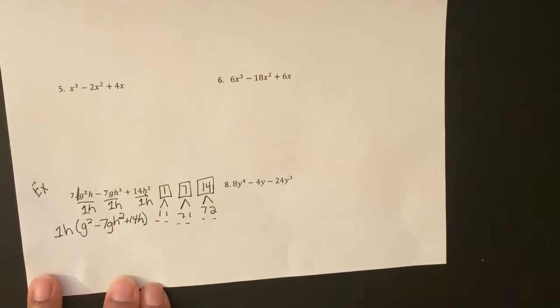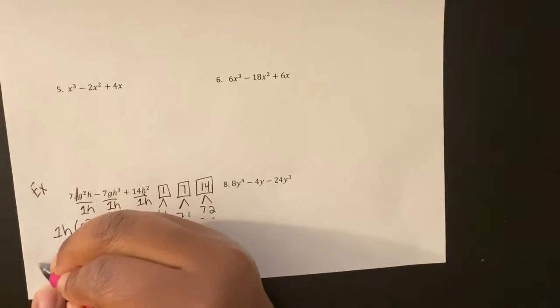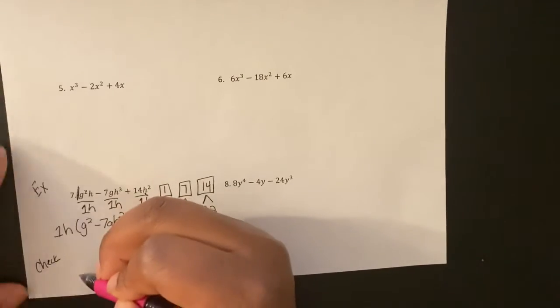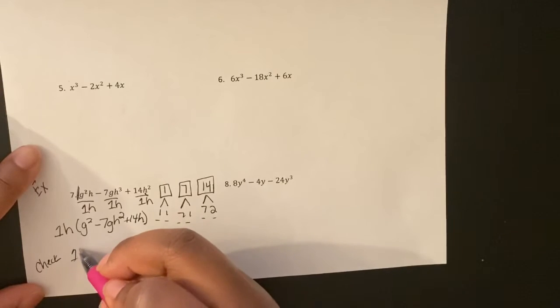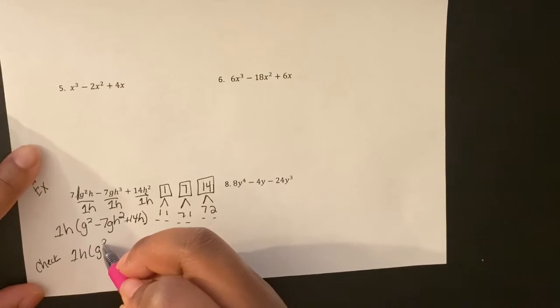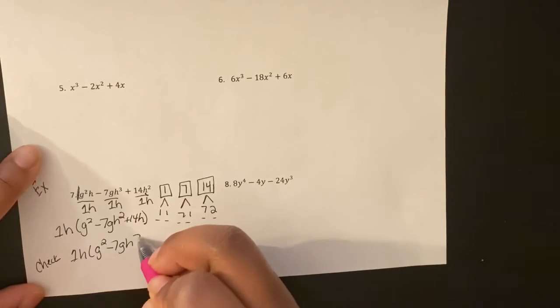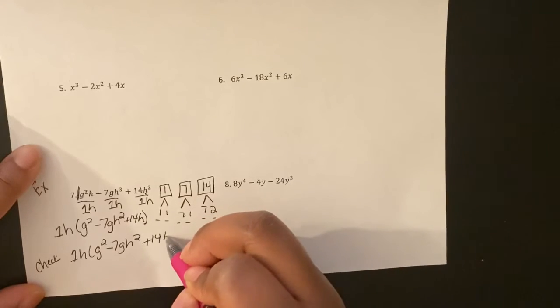Okay. And then let's check it. 1h times g squared minus 7gh squared plus 14h.